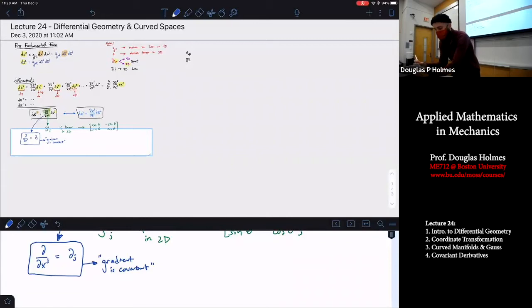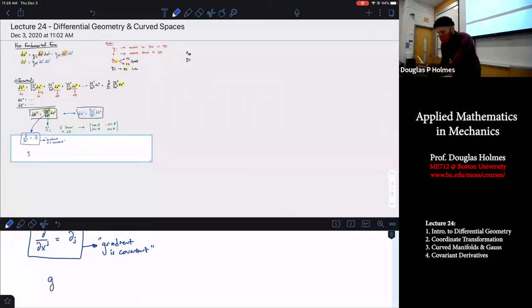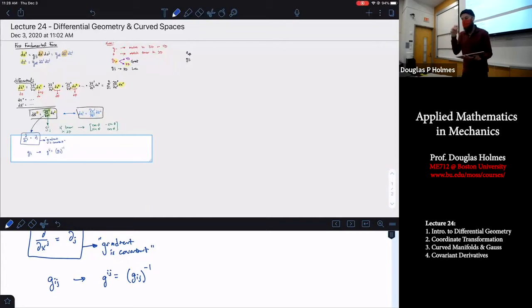And we remember that we had defined the metric tensor as this, and we said the contravariant metric tensor is just equal to this, so you're really just flipping those indices. That means inside the tensor, if you looked at the components of the matrix, you're really just taking 1 over them.